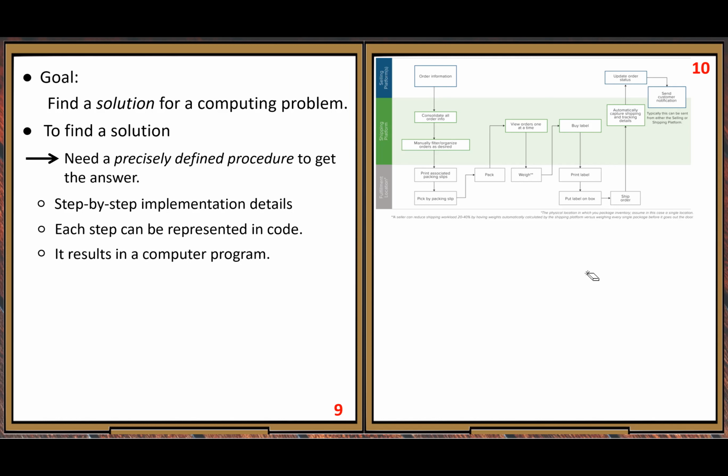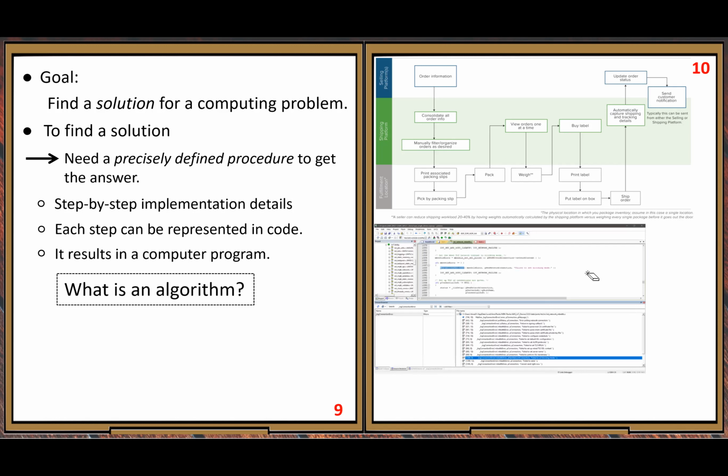It results in a computer program. Something like this one. So you see, you may need an IDE, an integrated development environment, to help you write your code in an efficient way.